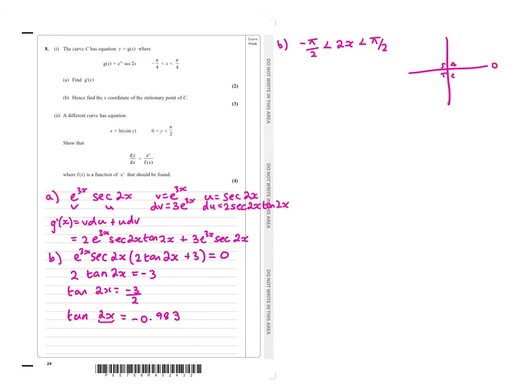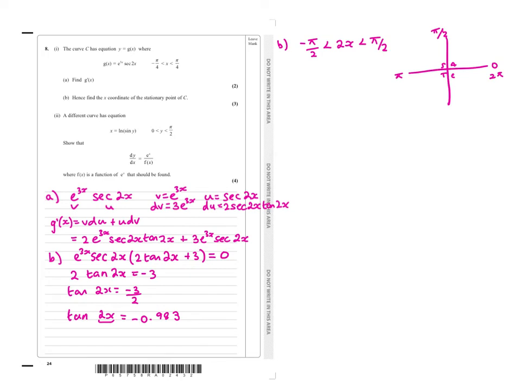So if I have my CAST diagram, I now have 0, pi, 2 pi. This is pi over 2. And I've got minus 0.983. So now, what is pi over 2? So shift pi divided by 2 is 1.57.